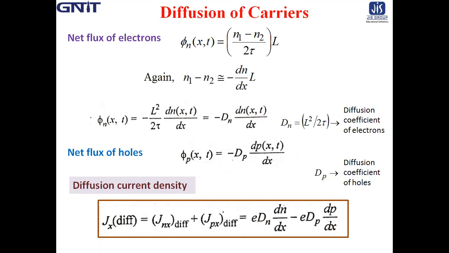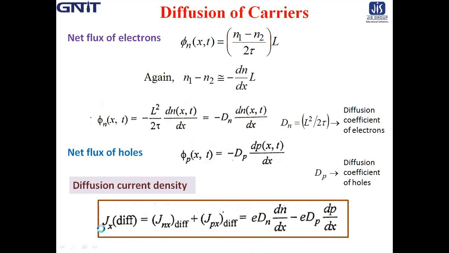A current flows in a semiconductor due to diffusion process in the absence of an electric field, and the diffusion current density can be obtained by multiplying the particle flux by charge.